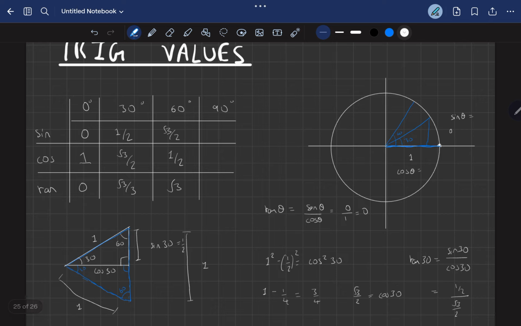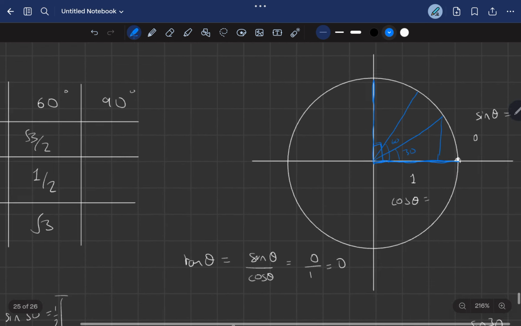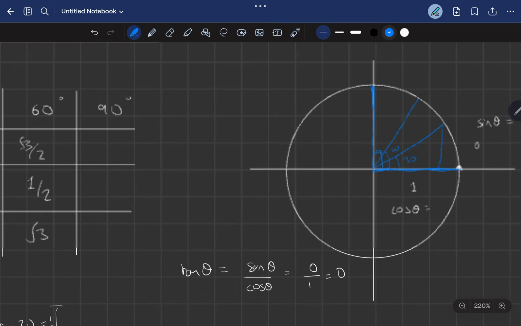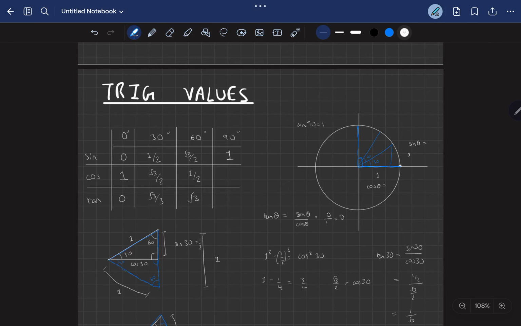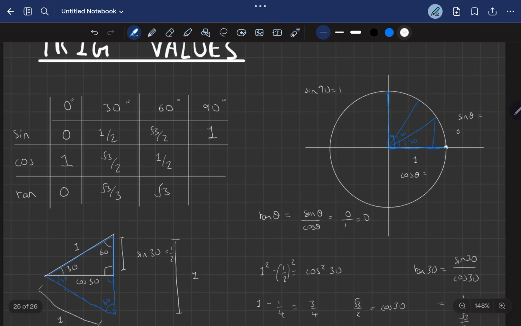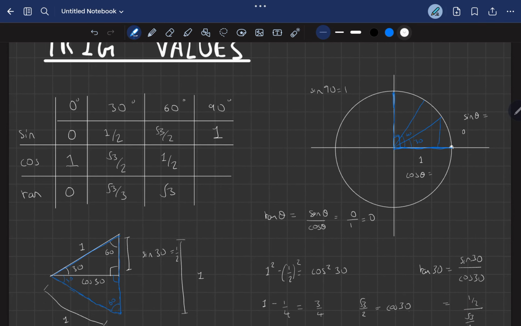Now, when we're finding sine, cos, and tan of 90, it's just straight up. Now, what is the height? It would represent sine theta, and we know that the height is just 1. So sine 90 is just 1. Now cos theta is just the width, aka the length along the x, and that is just going to be 0.